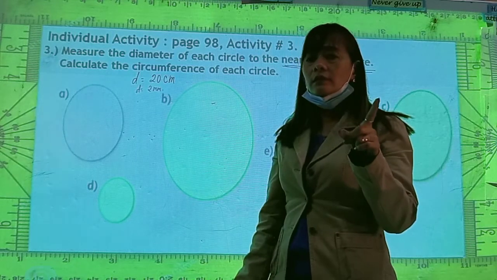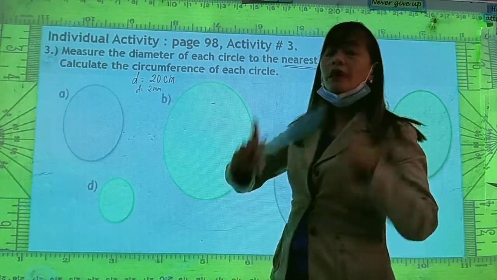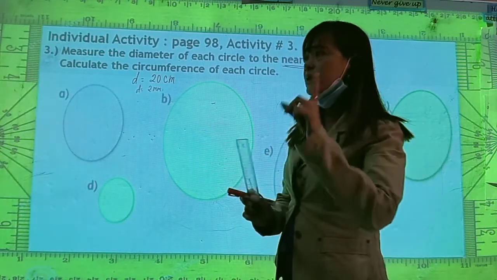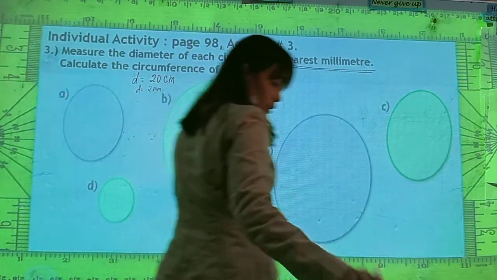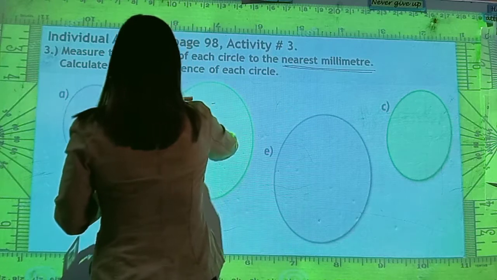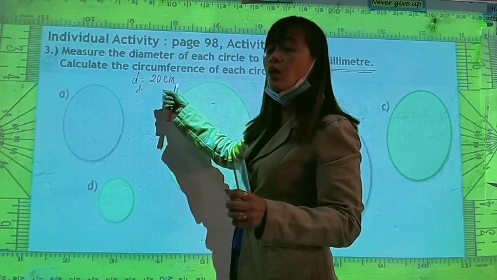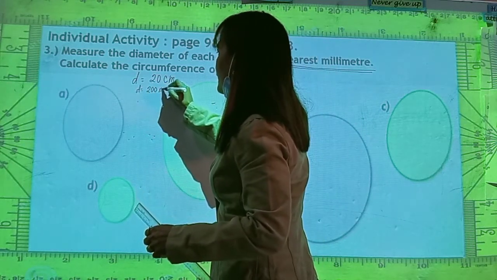Again, class, in 1 centimeter there are 10 millimeters. Okay, so if this is 20 centimeters, it means this is what? This is 200 millimeters.